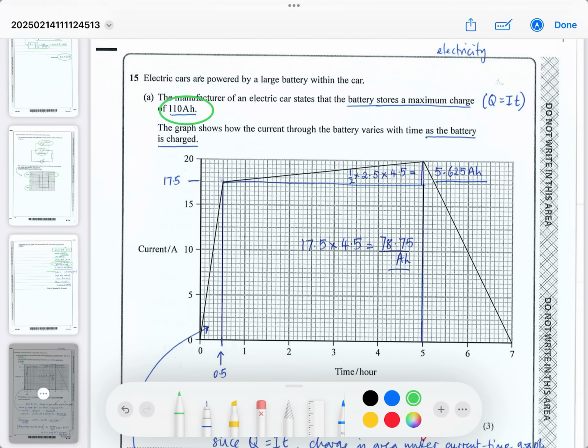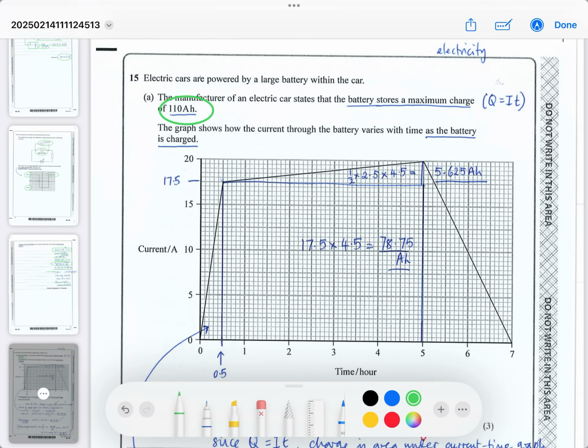Okay, so as the battery is charged, the current increases quite fast between 0 and 0.5, and then it increases slowly from 17.5 amps to a maximum charging current of 20 amps.